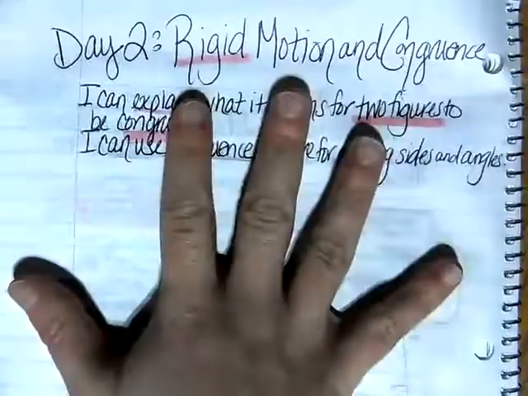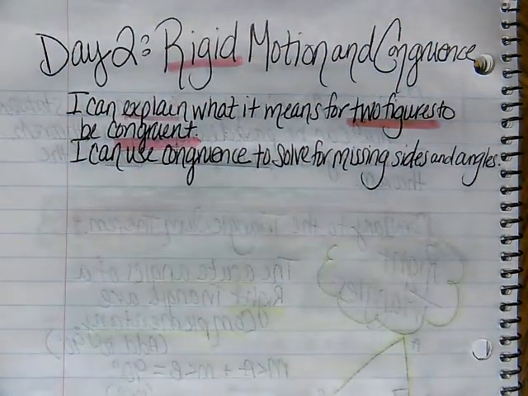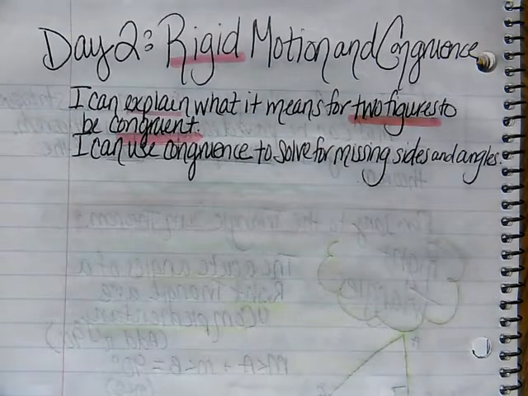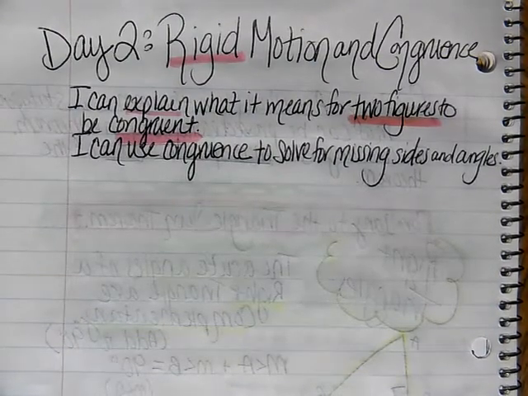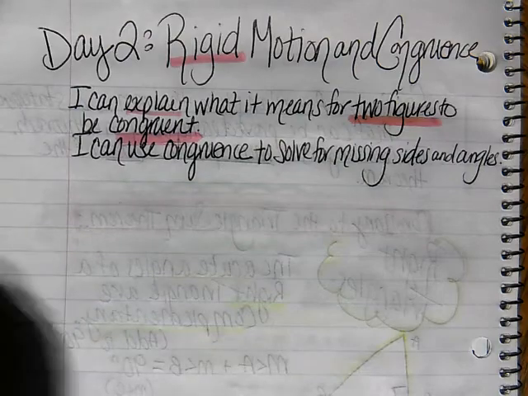So we took figures and we moved them and we flipped them and we kept the size and the shape the same. So we're just going to be talking about how two different figures, even though they're in a different location, are still considered congruent, and we're going to explain why that is true.